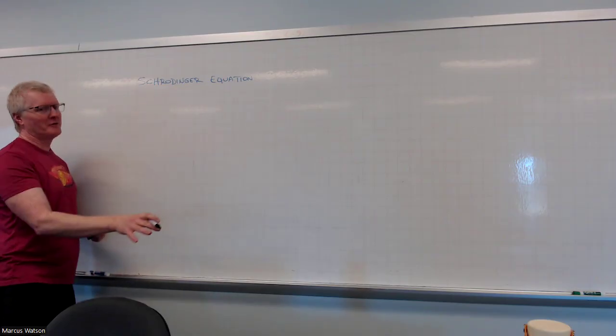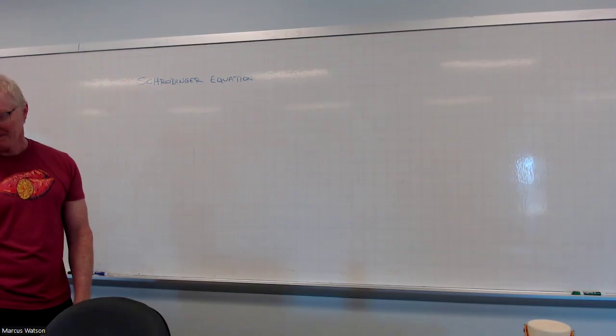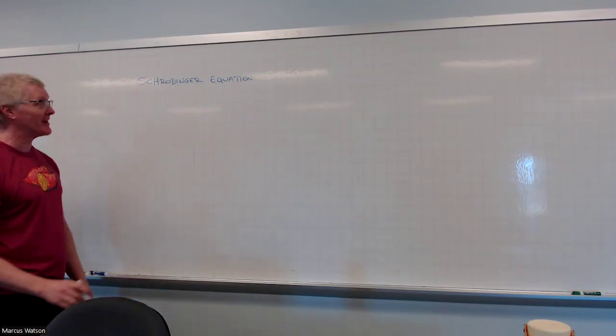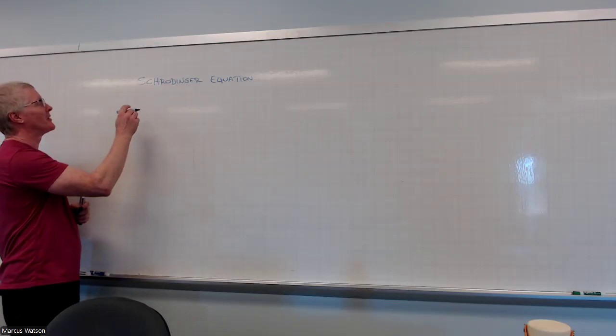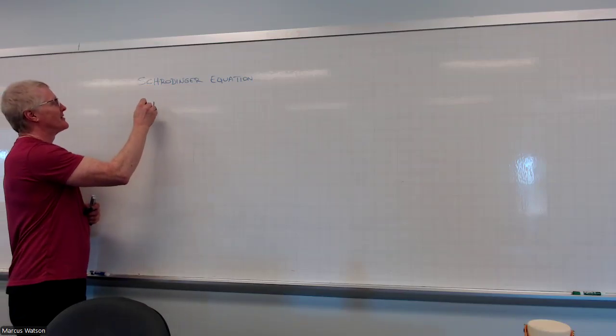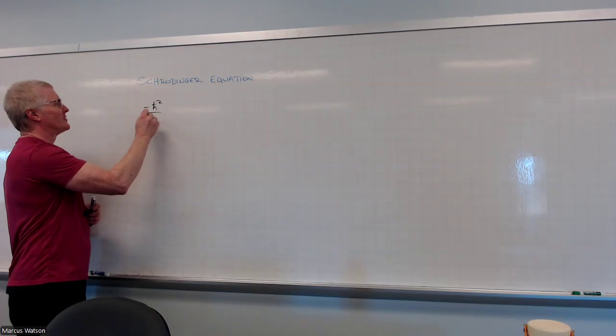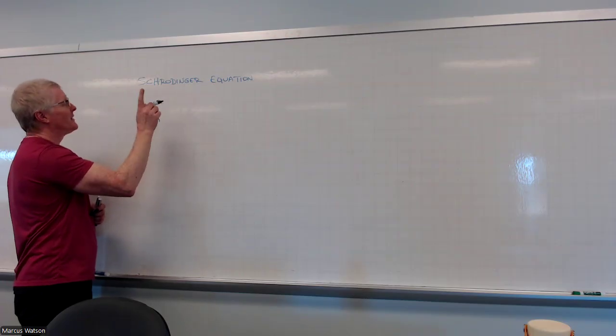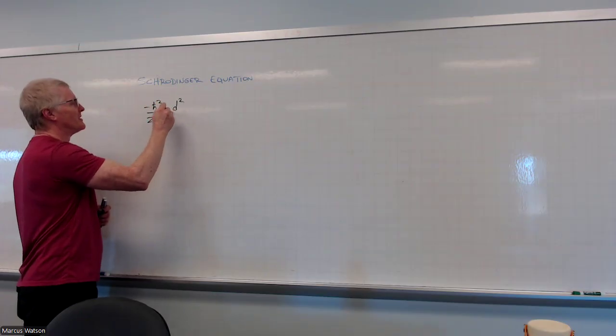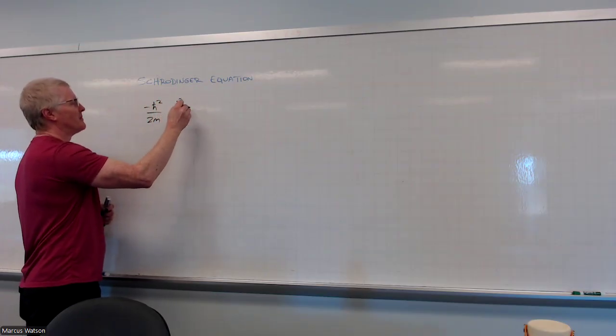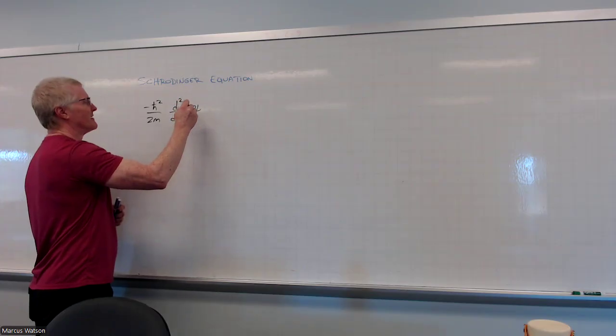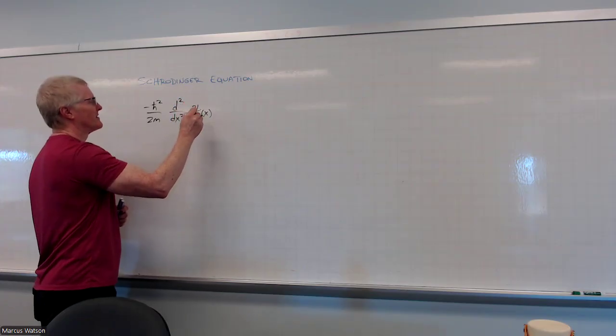And I'm not going to go through a full motivation of why the equation looks like this, but I will motivate parts of it. It looks fairly interesting. In one dimension, we will do the one-dimensional time-independent equation. We'll do psi of x.